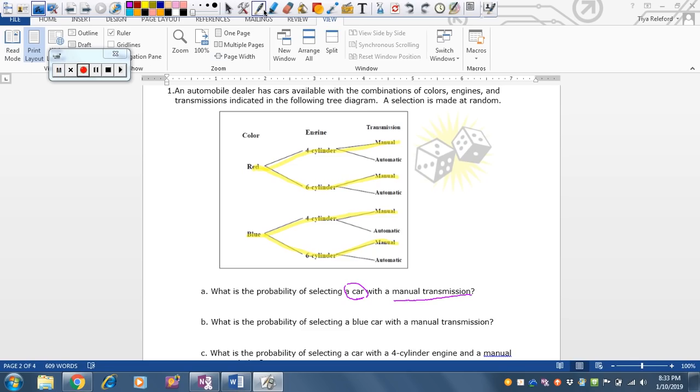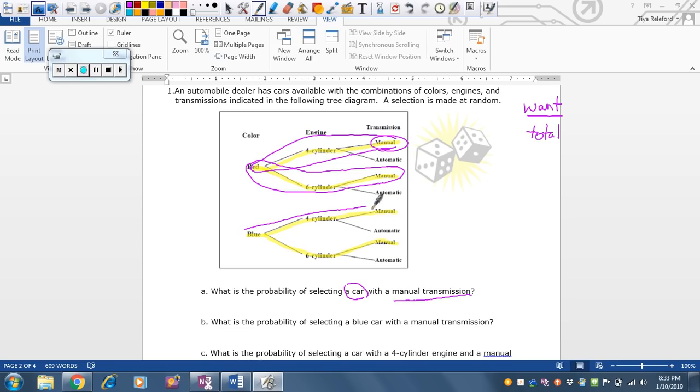So what I want, remember it's want over total. What I want is a manual transmission. How many manuals are there? One. Well, here there's 1, 2, 3, 4.